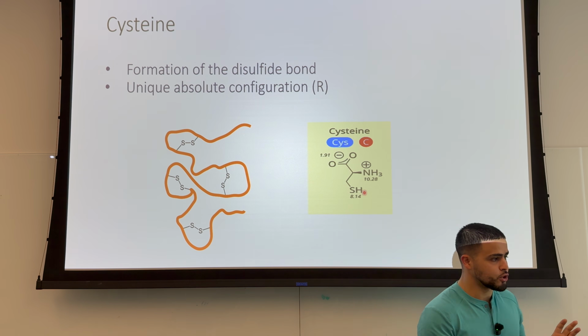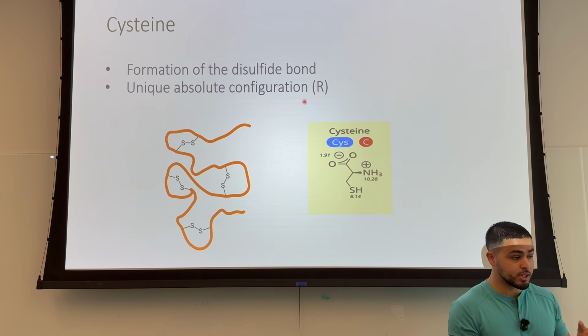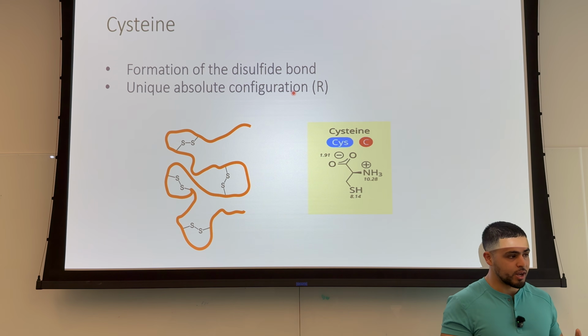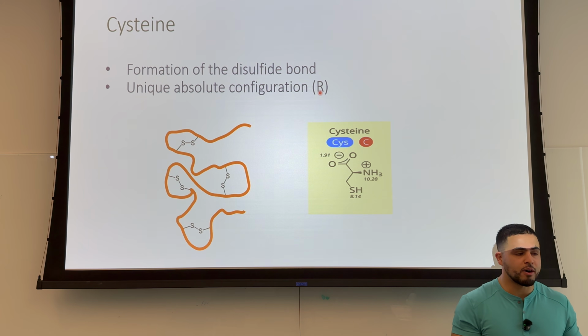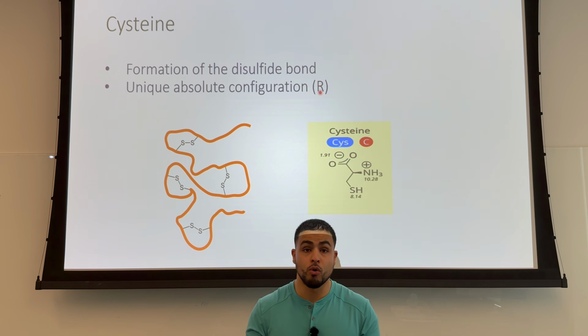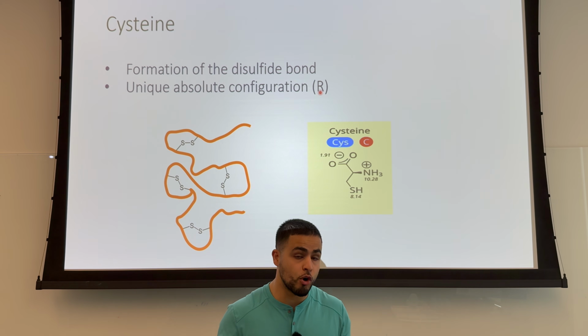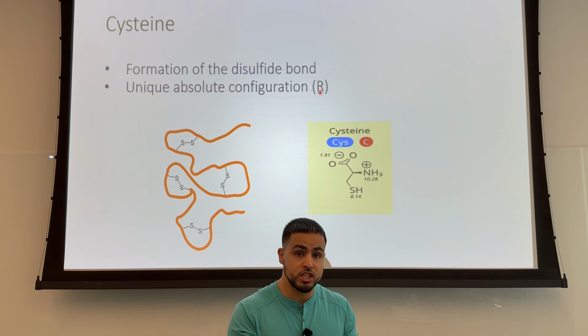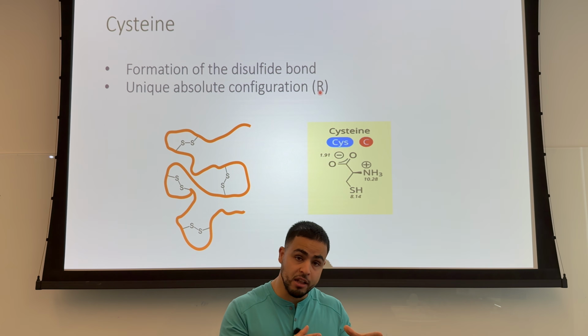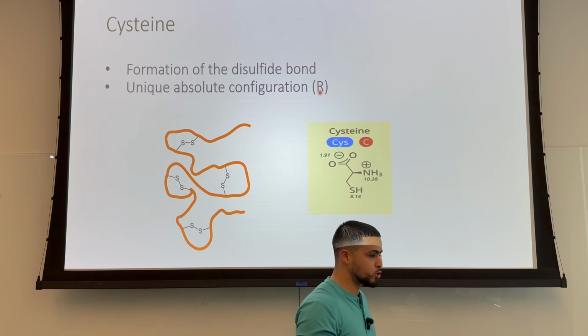And another thing that's unique about cysteine, although I won't get into too much detail with this because we have another video in the playlist talking about the chirality of amino acids, is that it's going to be found in the R absolute configuration when it's in the L classification. So all amino acids that are biologically active are L amino acid classification. And when they're in the L classification, they'll have an S absolute configuration, with the exception of cysteine. When it's the L classification, it'll have an R absolute configuration.